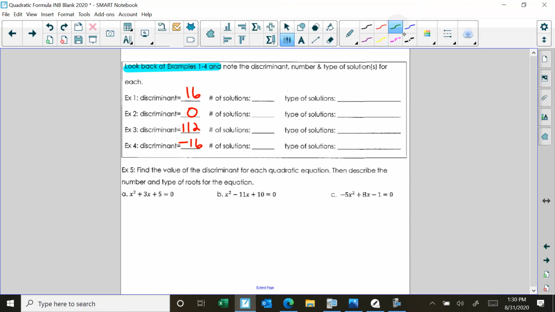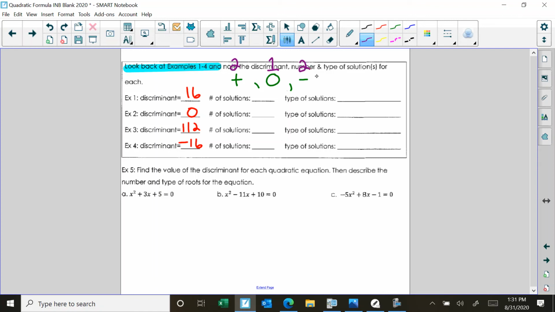They'll be positive, they'll be 0, or they'll be negative. And based on that, it tells you how many solutions each problem has. So if the discriminant is positive, it has 2 solutions. If the discriminant is 0, it has 1 solution. And if the discriminant is negative, it also has 2 solutions.